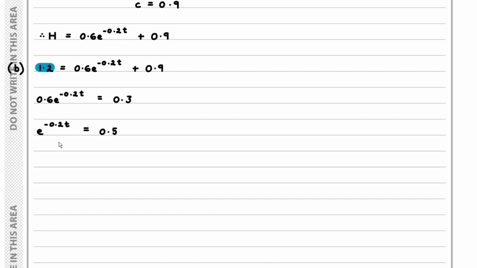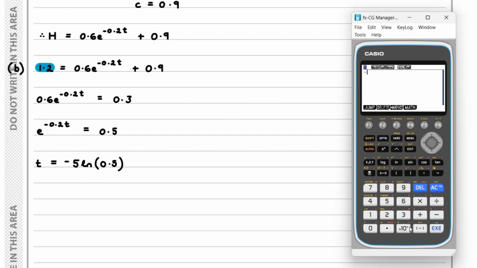So now we need to solve for t. So t will equal, well here, we would end up with t equaling negative 5 times the natural log of 0.5. So we have negative 5 times the natural log of 0.5.